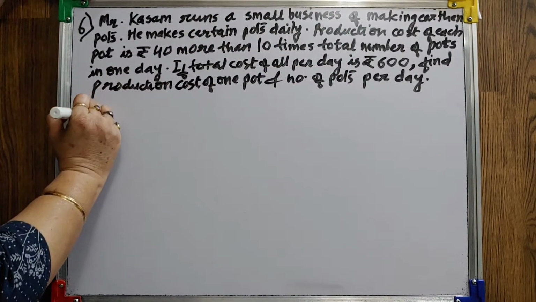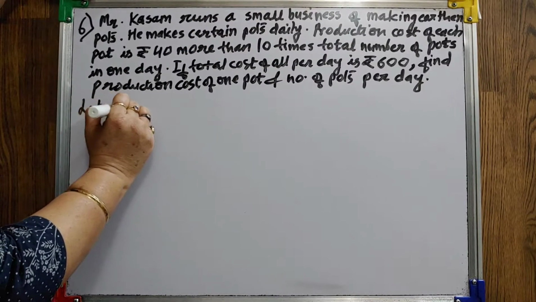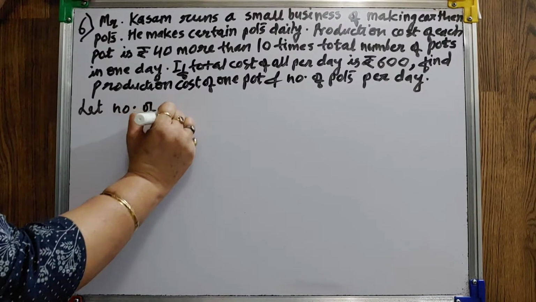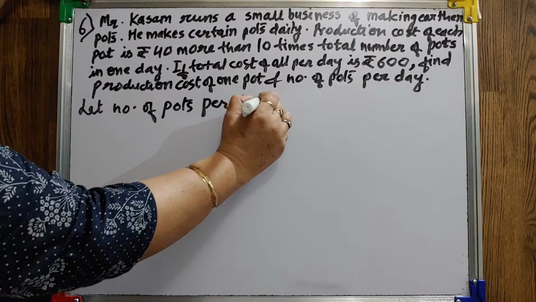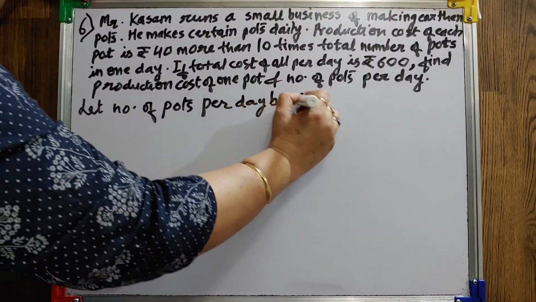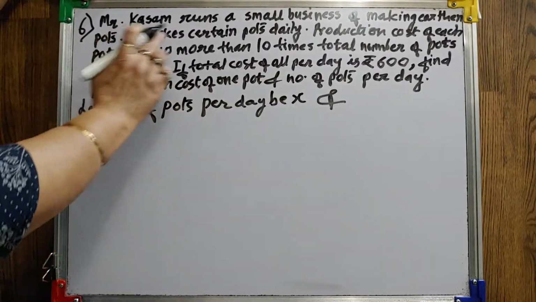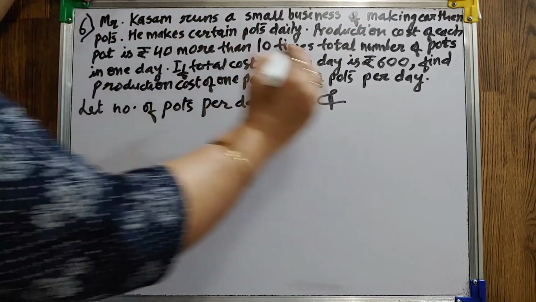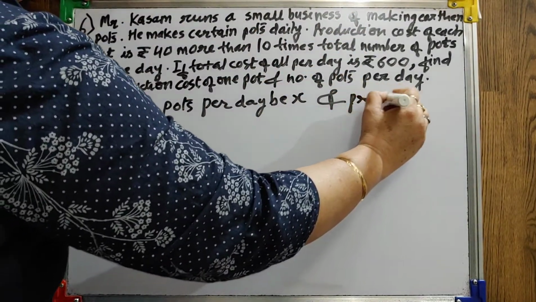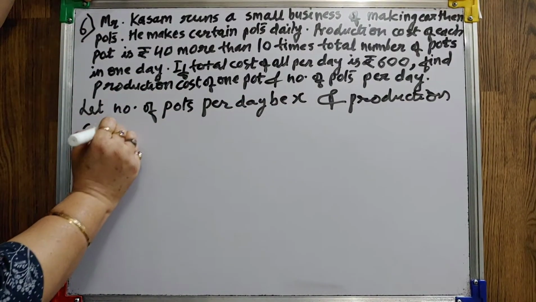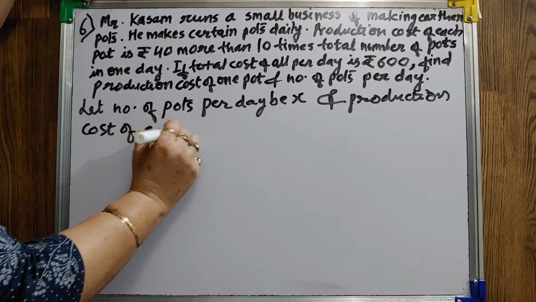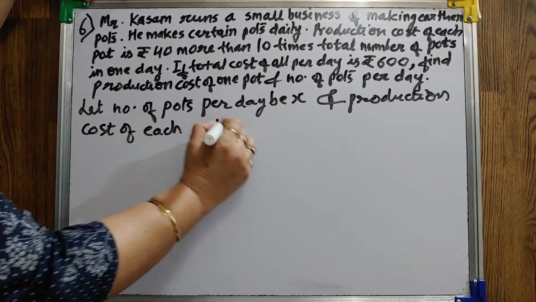So we will consider, let the number of pots per day be x and the production cost of each pot be 10x plus 40.